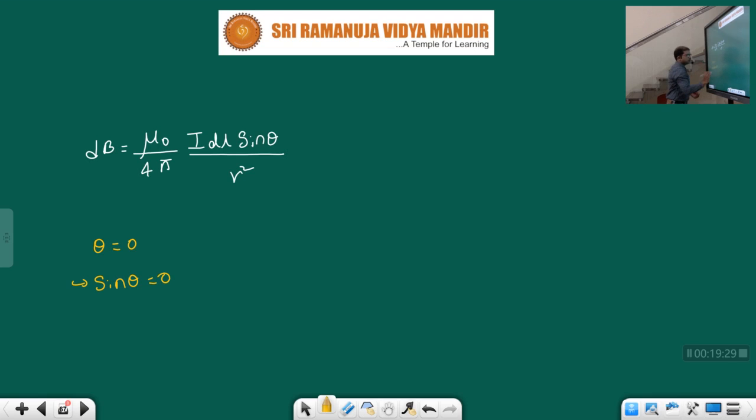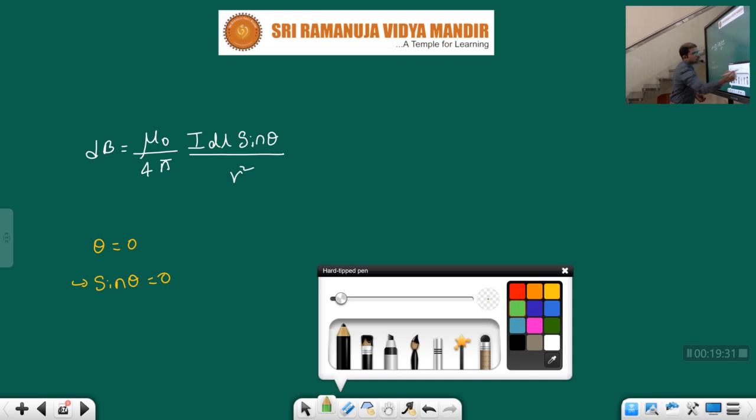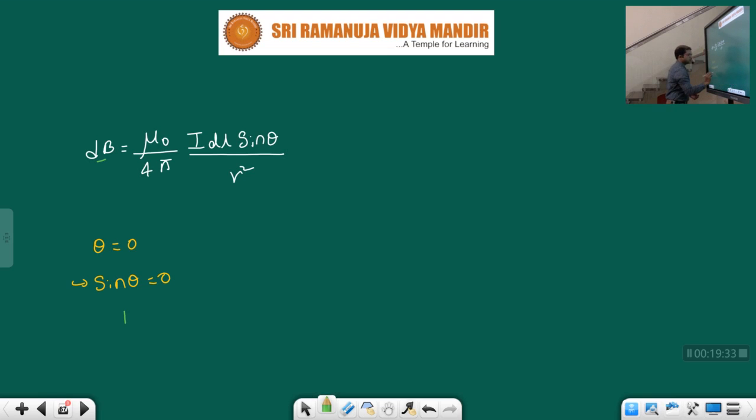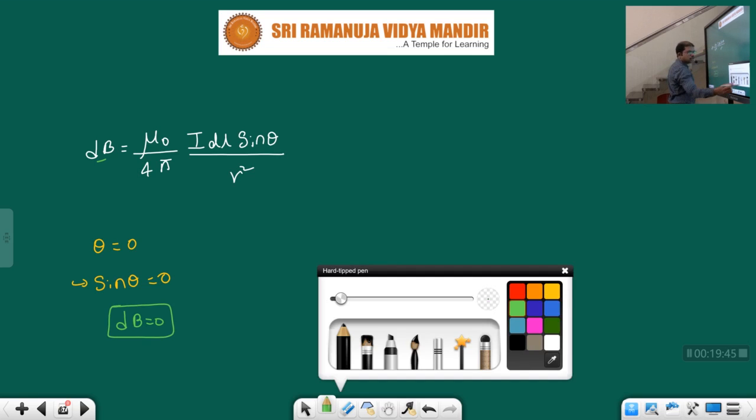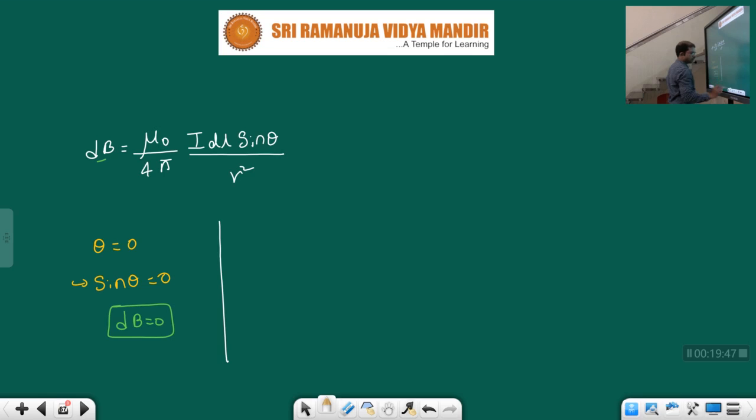Sine 0 is 0. Whenever sine theta itself is 0, then what about dB, children? dB also 0, because sine theta 0 means this entire term becomes 0 and dB also 0. So no magnetic field. Suppose that theta is 90 degrees.